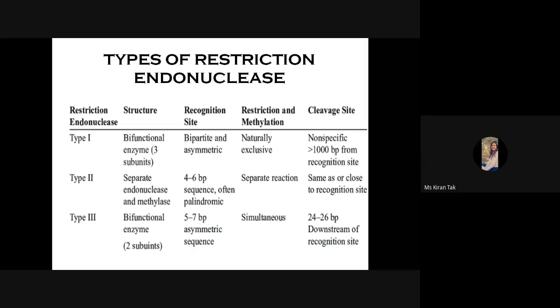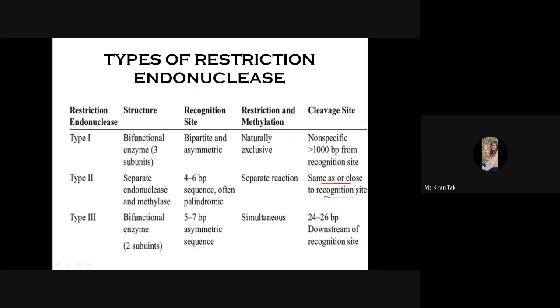It has a 5 to 7 base pair asymmetric sequence. The restriction and methylation take place simultaneously, and the cleavage site is 24 to 26 base pairs downstream of the recognition site. As we can see here, in the case of type 2 restriction endonucleases, the cleavage site is the same as or close to the recognition site, so it is very helpful for the genetic engineering process.